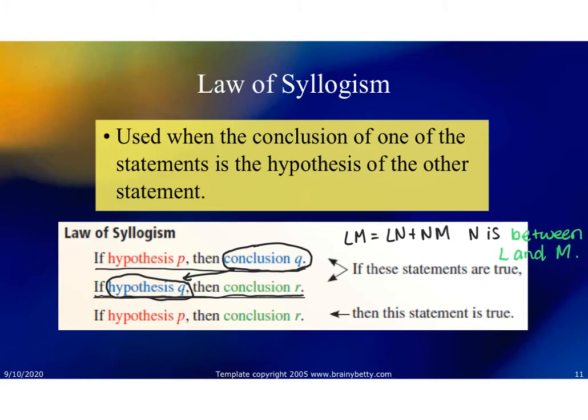This is basically saying the exact same thing. So if we can have this conclusion Q as a hypothesis as well, leading to a conclusion R, then the hypothesis P and the conclusion R would form a conditional statement that is true. Okay? And we will look at this more often.